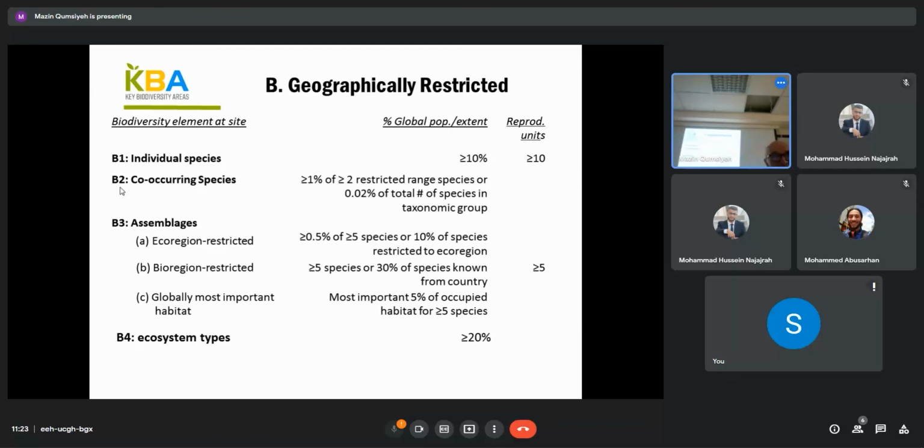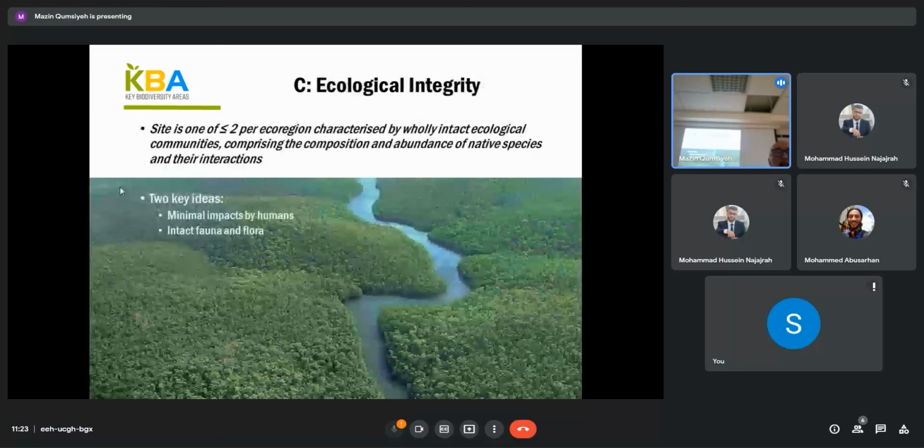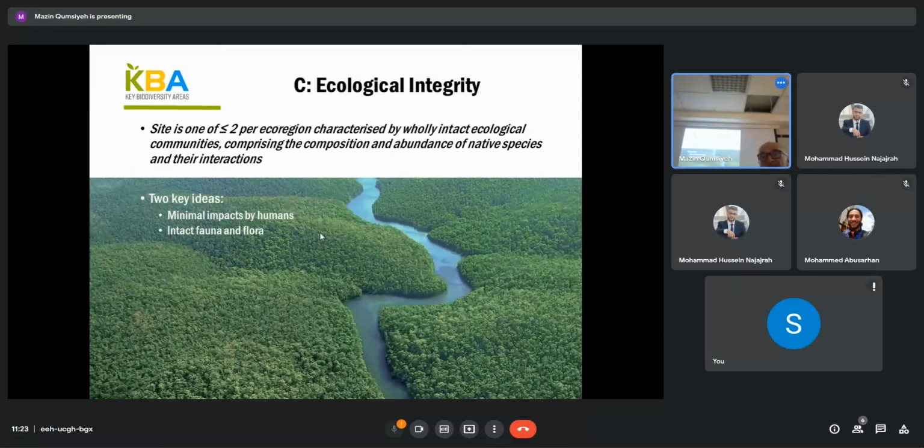That's my advice. Ecological integrity, as already said, that's sites with minimal impact by humans, intact fauna and flora. I don't know Palestine yet. I know Mediterranean rather well. I'm not sure there are many sites like that. It's a picture of the Amazonian forest, I guess, or something like that.